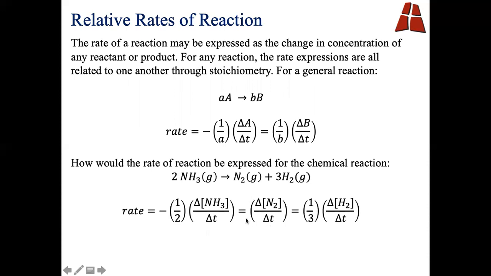I did not include that, but because our stoichiometric coefficient is 1 there, we just have the change in concentration of N2, nitrogen gas, over the change in time. Then because our stoichiometric coefficient is 3 there, that will also be equal to 1/3 of the change in concentration of H2 over the change in time.